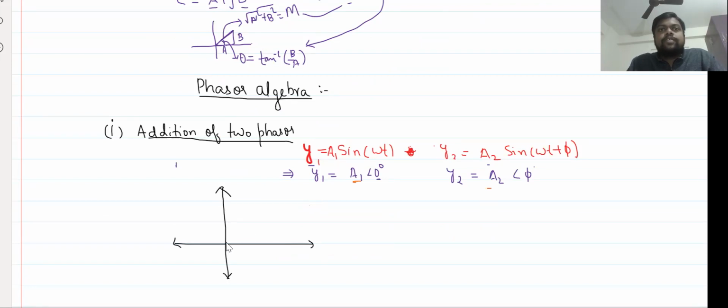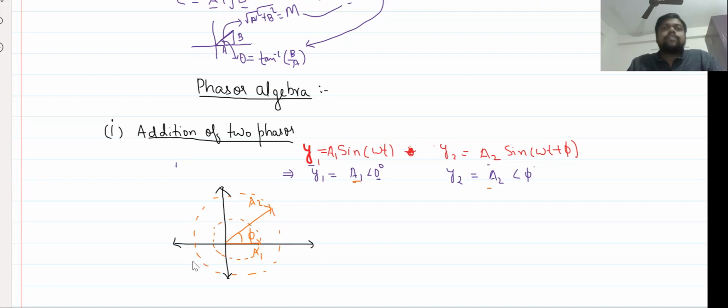A2 has initial phase phi, and A1 has the initial phase zero. These are rotating vectors.